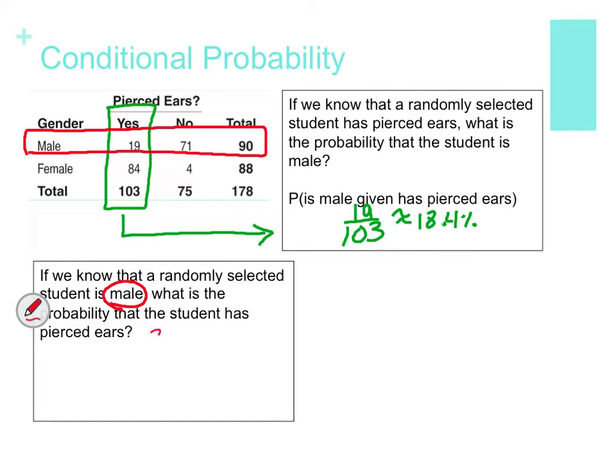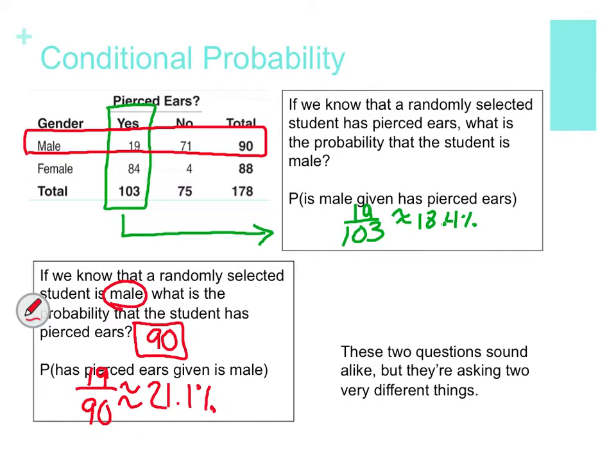So we're restricted to only taking a look at 90 students, and in that group of 90 male students, how many of them have pierced ears? Well, that would be 19, right? So about 21.1%. So this time we only focused on the group for males.